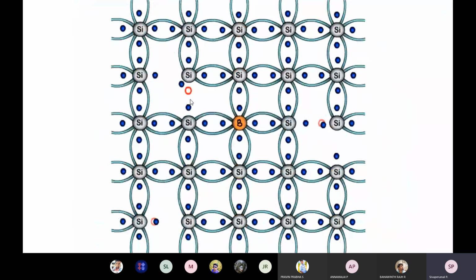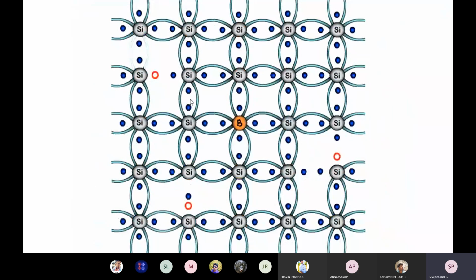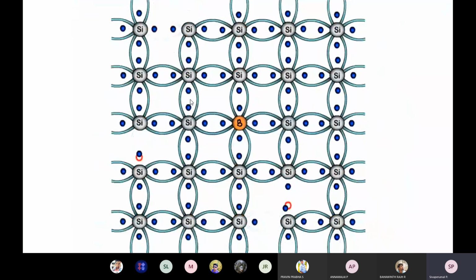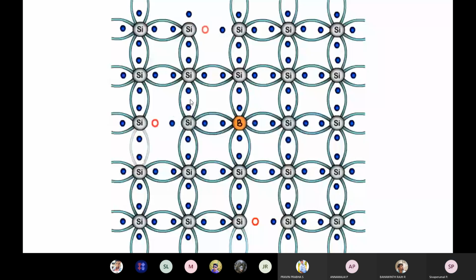Then the nearby electrons go to that particular hole, and similarly this happens everywhere. This is a small example of adding some impurity to the material, and this is called the extrinsic semiconductor.